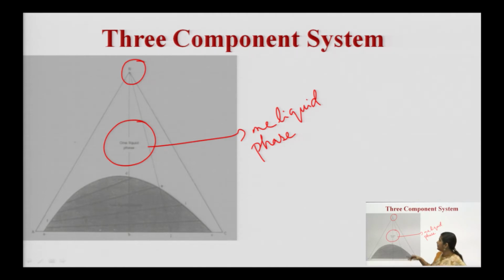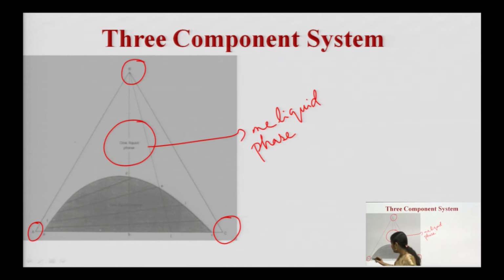Similarly, at a particular concentration of this third component B, these 2 immiscible liquids will exist in one phase, provided B is miscible with A as well as with C. Now, we will begin with an example.